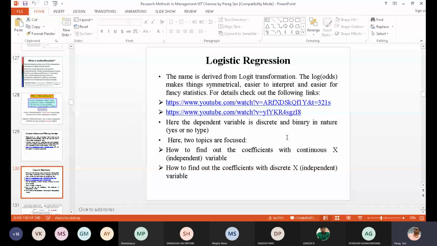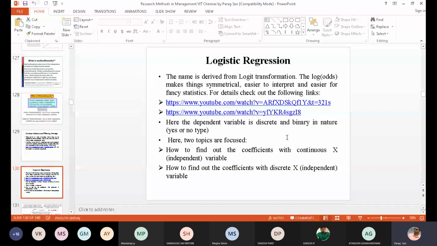Here two types of independent variables you can consider. In logistic regression, some independent variables can be discrete in nature, and some independent variables can be continuous in nature. Different types of combinations you may get.